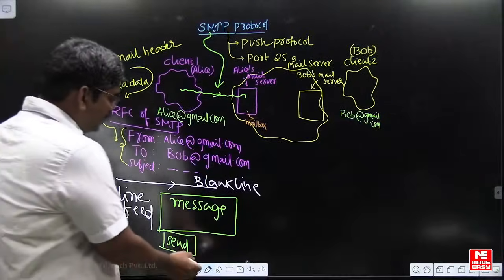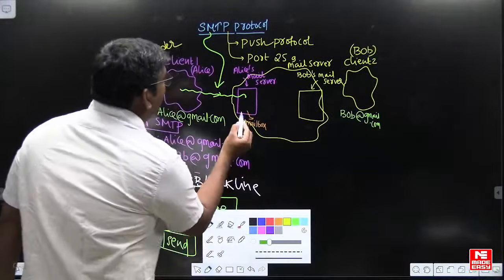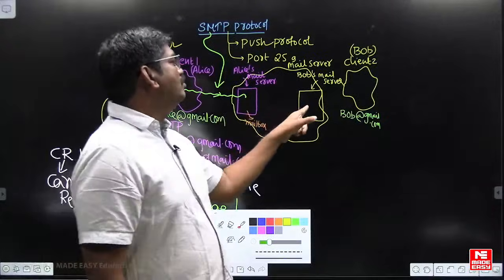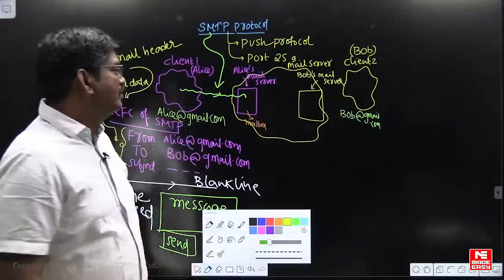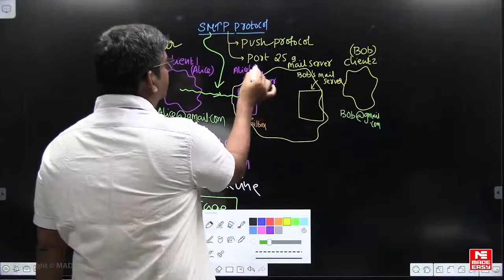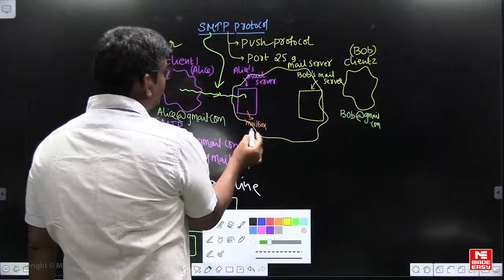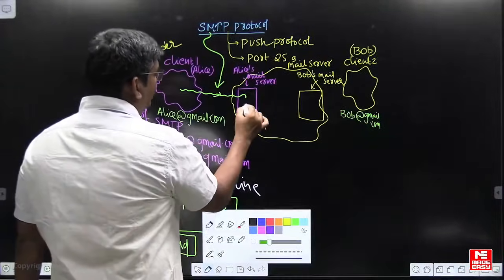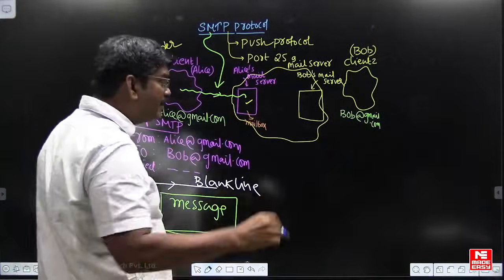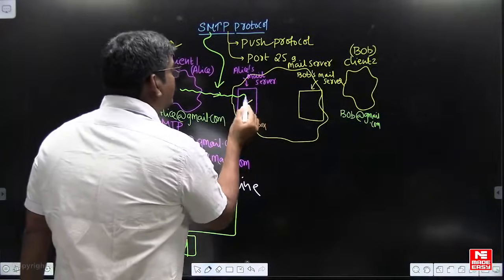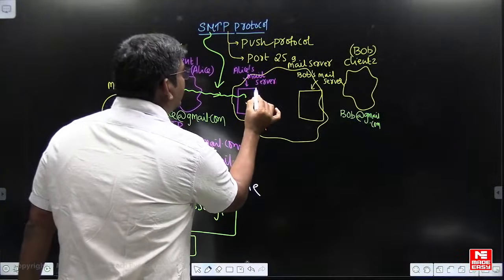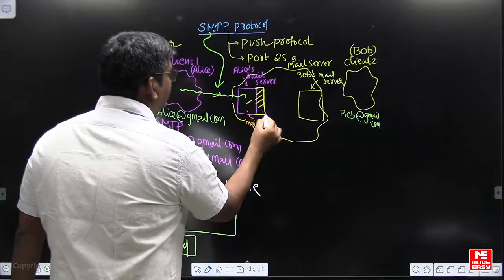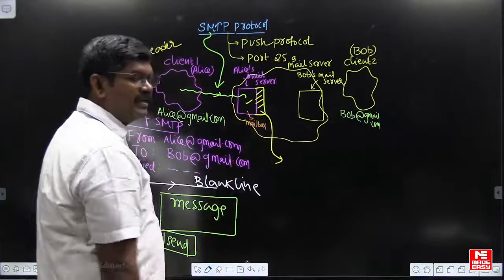See, you can see that this is Li's mail server and this is Bob's mail server. So on Li's mail server there is a mailbox, and the message that you have sent will be stored in the mailbox there. And where it is going to store, Li's mail server is going to have one structure. This question also they can ask you.